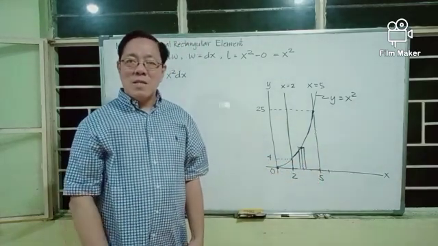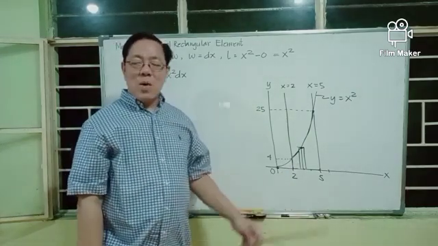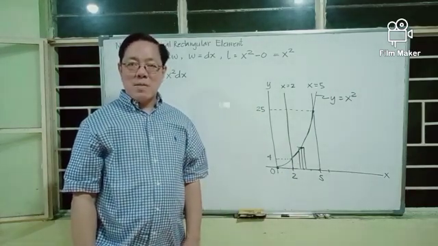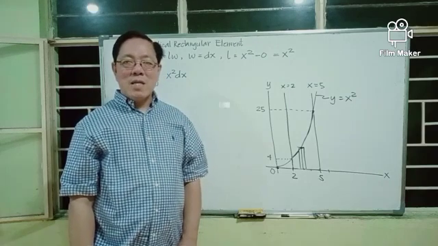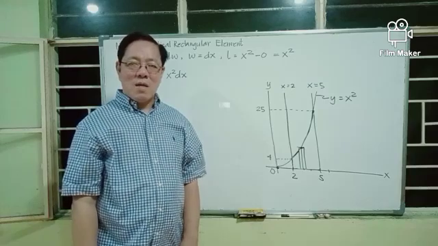And you get the sum of the areas of these rectangles and you get the required area. But we will not do that. Instead, we will integrate. Integrate, that means we combine all the areas of the rectangles.